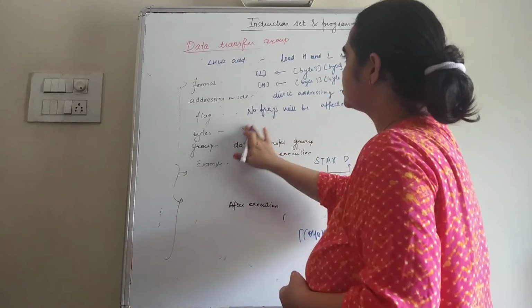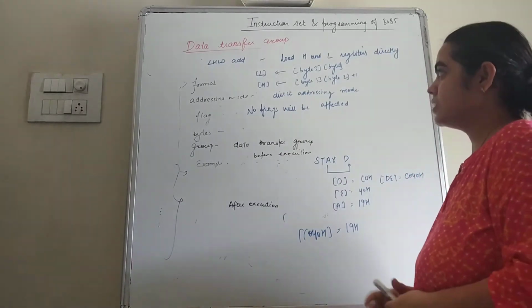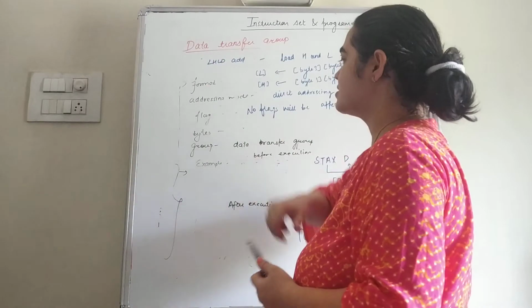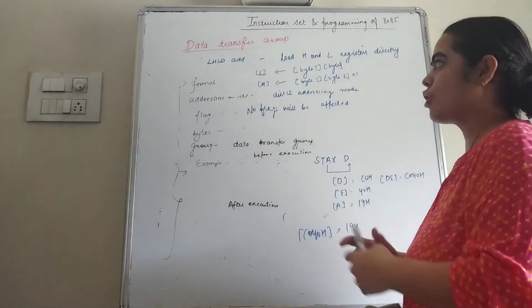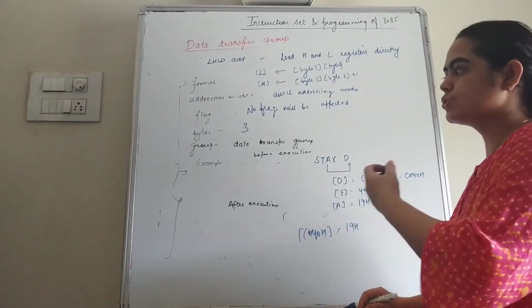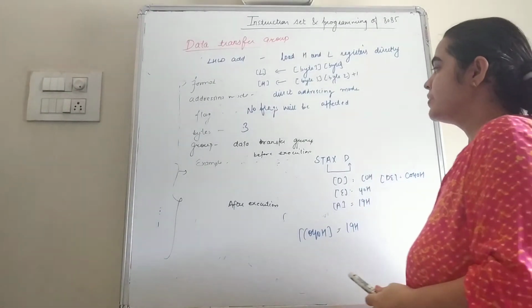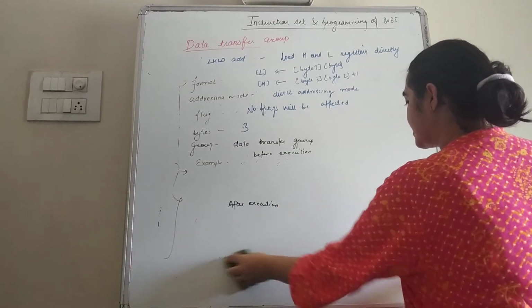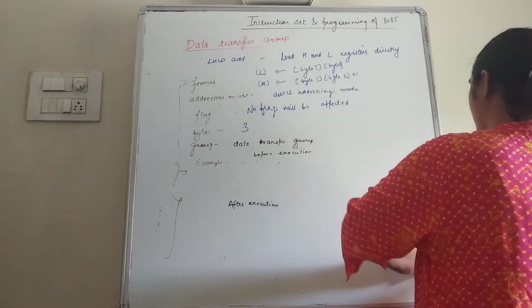Bytes: in this we have the address in the instruction. So 2 bytes will be occupied by the address and 1 by the opcode LHLD. So a total of 3 bytes of memory is used by this instruction. Next is group. The group is the data transfer group.